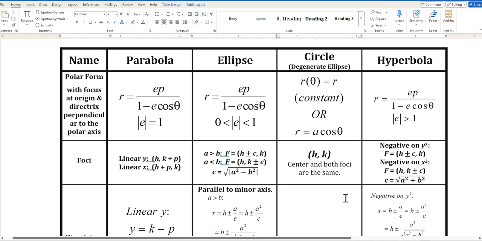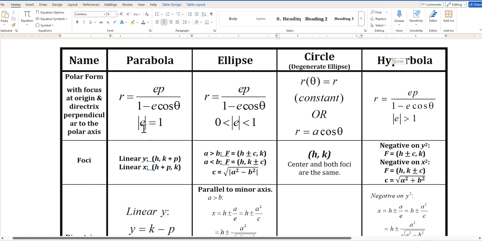There is something called a polar form using polar coordinates, and this will have a focus at the origin and the directrix is perpendicular to the polar axis. They have this form r equals ep over 1 minus e cosine theta. That e is the eccentricity, not the Euler's number e for exponential functions. So you get this basic formula.